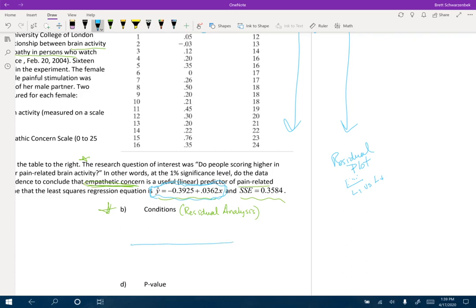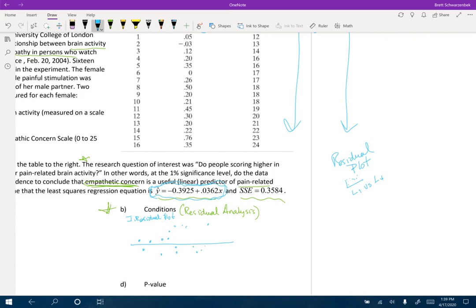So first one, residual plot. That is going to be as accurate as I can make it, but I'm just reading right off the screen right now, so something along those lines. Okay, so something like that.